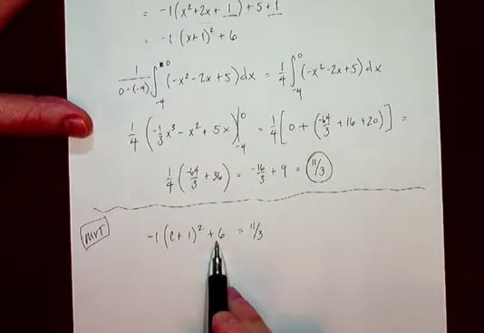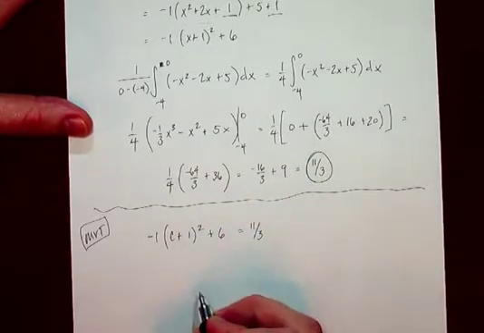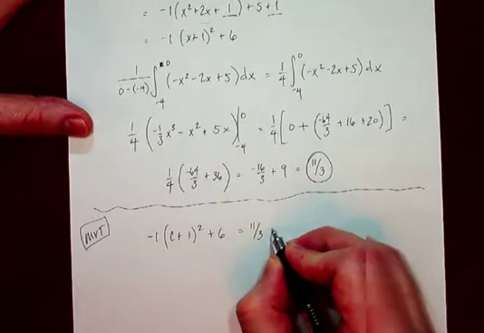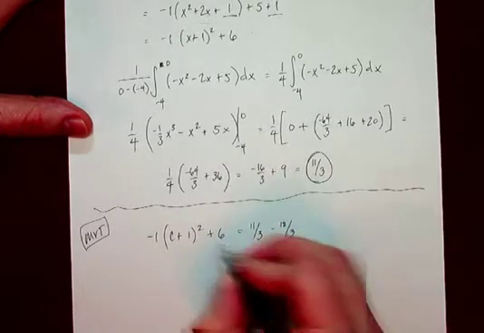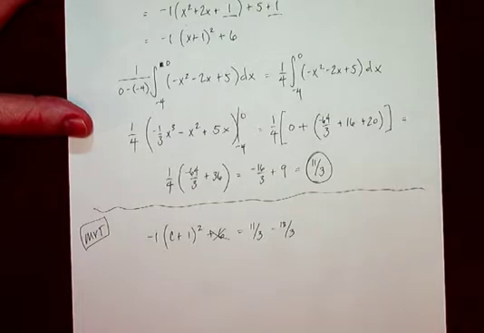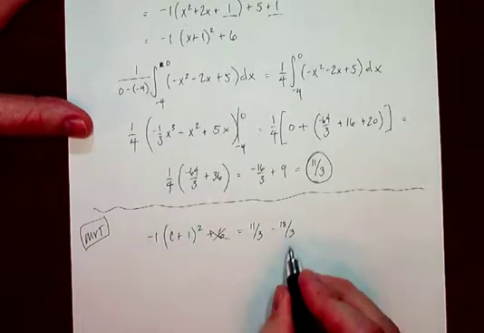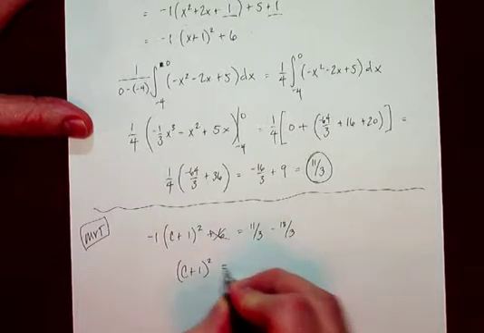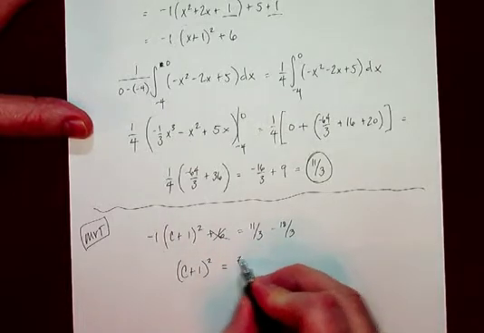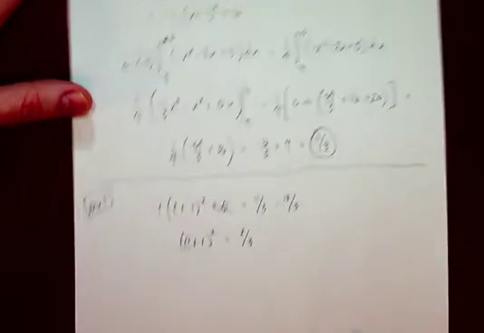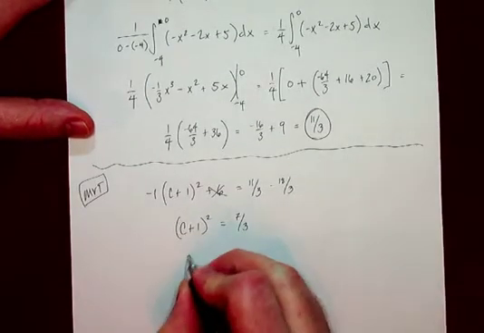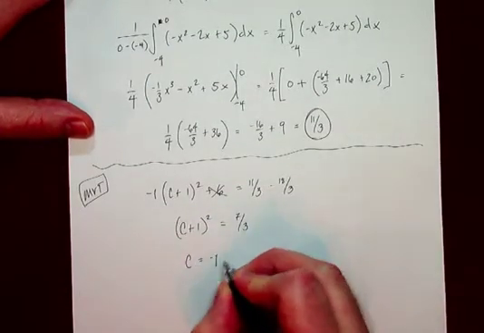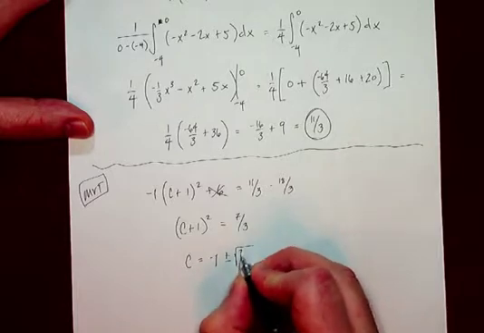Now when I subtract 6 from both sides, I'm going to subtract it as 18/3 over here. Okay, and then that's going to be -7/3, but I have a negative over here that's going to turn that back into a +7/3, and therefore c is equal to -1 plus or minus the square root of 7/3.